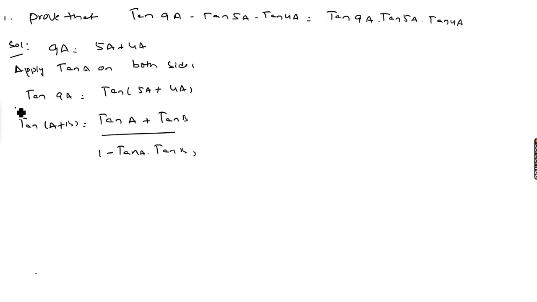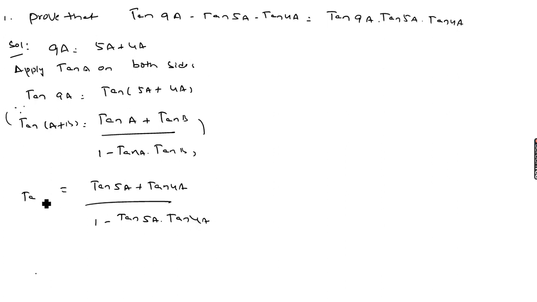So this is a basic formula. So we have written tan 5a plus tan 4a by 1 minus tan 5a into tan 4a. This is nothing but tan 9a.